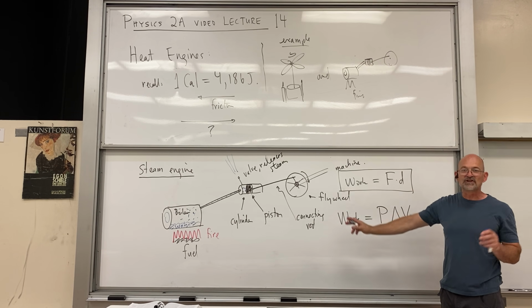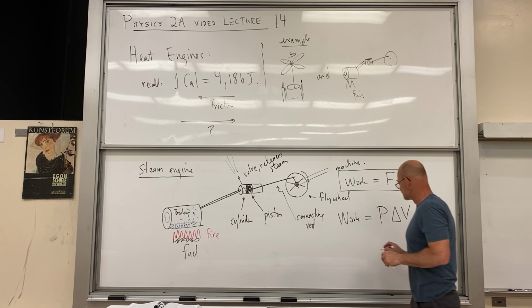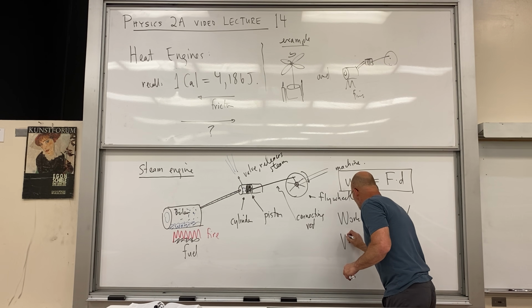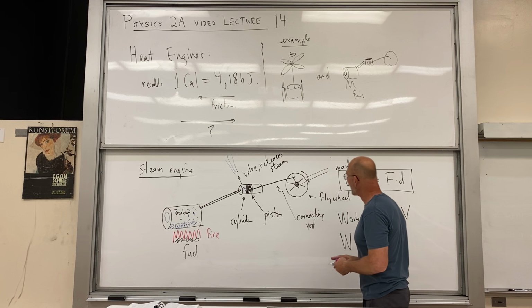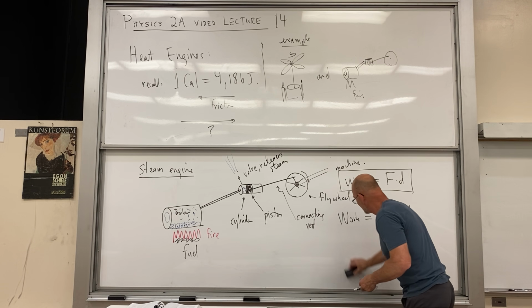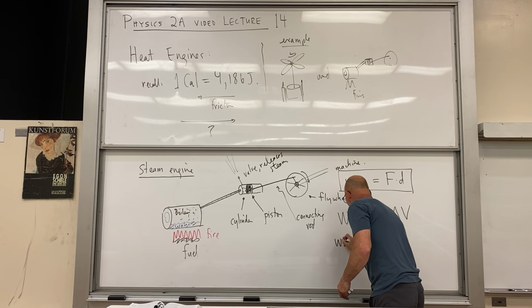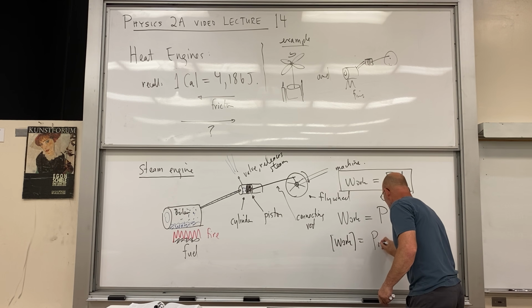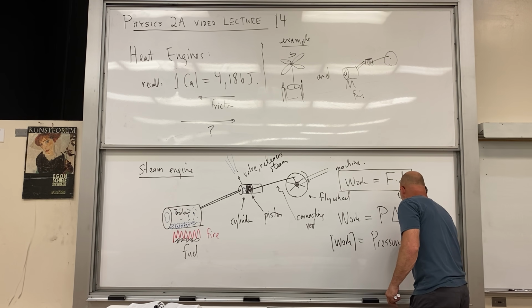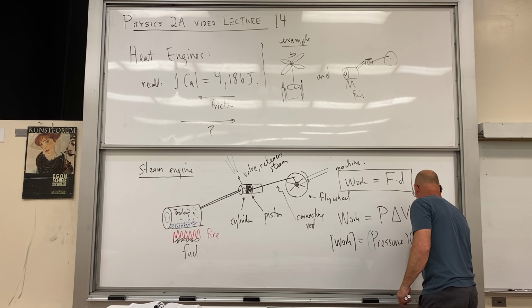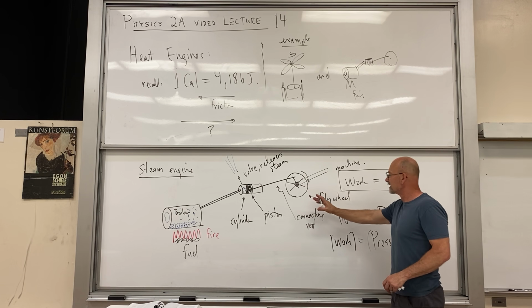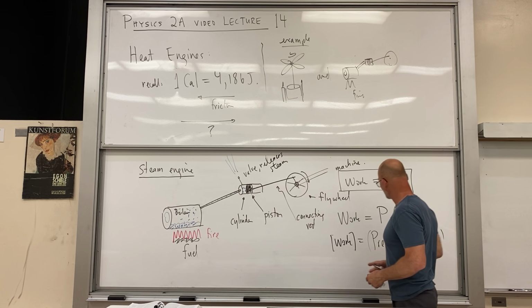And I'm just going to do the dimensional analysis for you. So actually, let's write this in words first. Work dimensionally is pressure times volume. You see, what we have is a change of volume as this thing moves over to the right here.